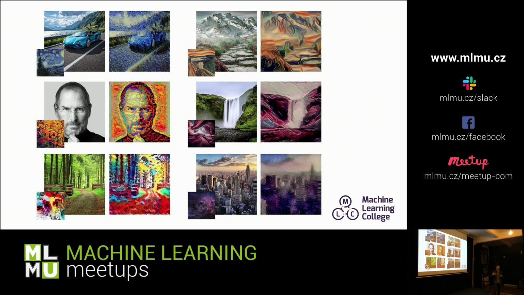Again, it's built on the idea of the embedding. What we have here is a source image of a car, and then an image of some painting, and you would like to transfer the style of this painting to the image.